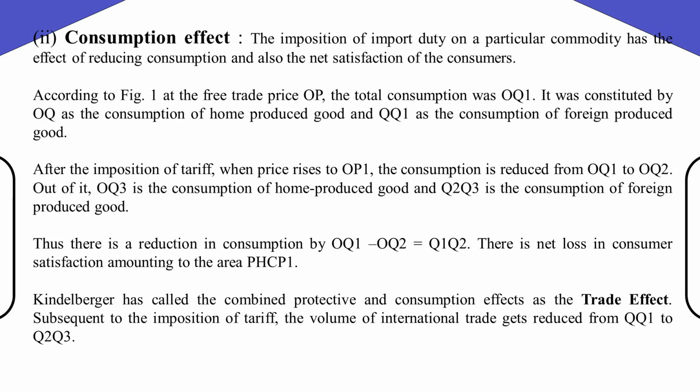Kindleberger has called the combined protective and consumption effects the trade effect. Subsequent to the imposition of tariff, the volume of international trade gets reduced from Q1 to Q2Q3. So this is about the consumption effect.